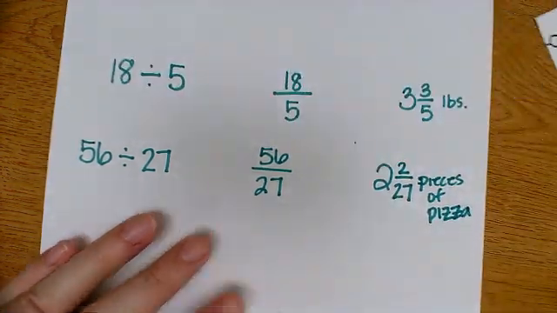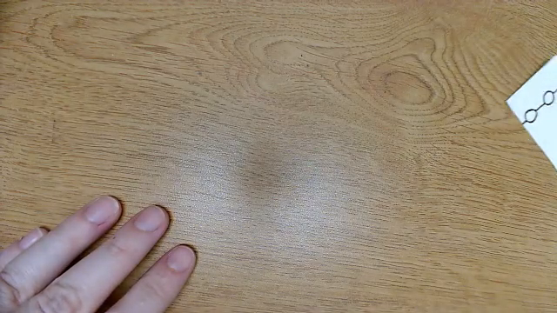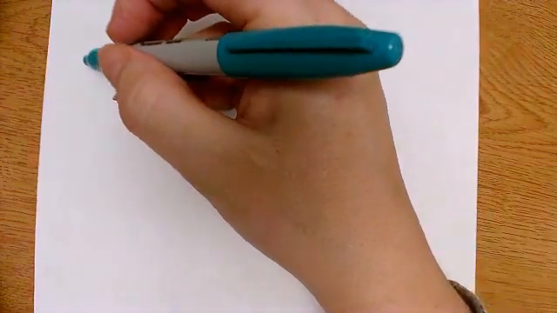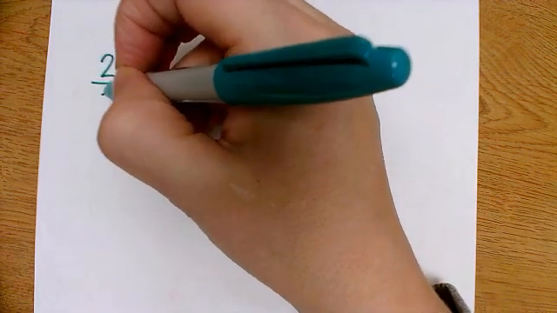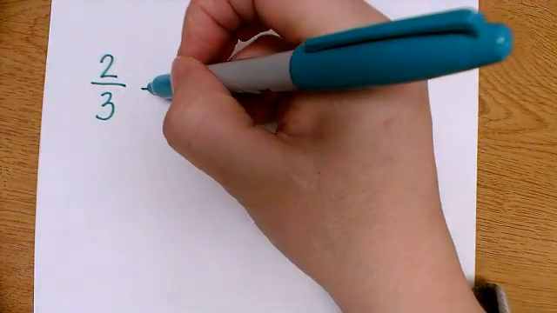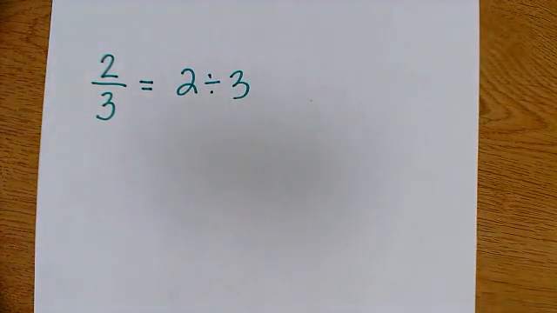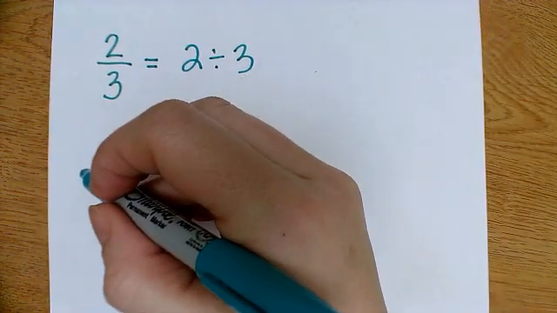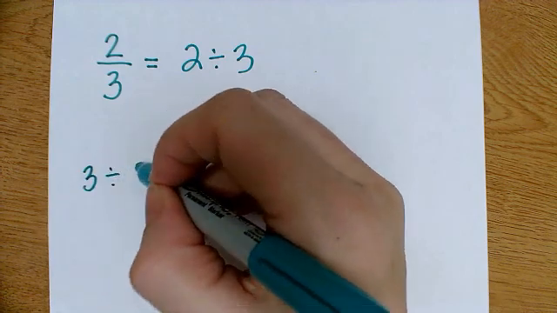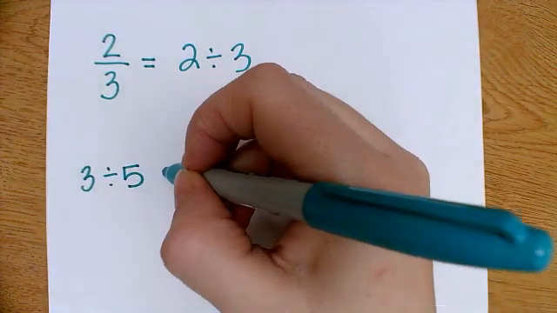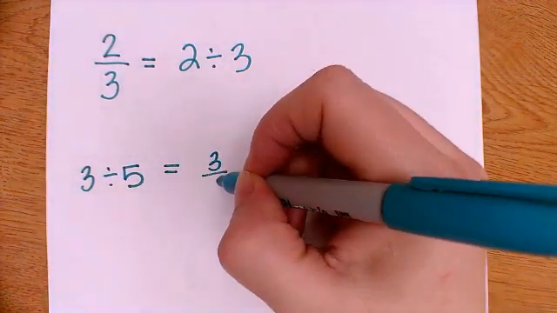So not too bad. Again, just to recap, when we look at fractions as a division problem, this is really just the idea that every fraction, no matter how I write it, so if I write 2/3, that is the same as saying 2 divided by 3. If I have the division problem 3 divided by 5, it means that's the same as 3/5.